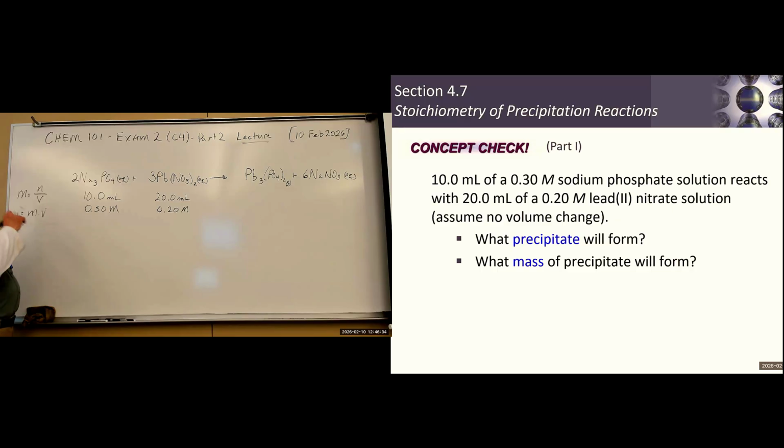Now, the next trick I want to give you is when you multiply milliliters times molarity, you get millimoles. And it's easier to work with that than having to change that to liters and go to moles. We don't need to do that yet. Right. So if we do that, 0.3 times 10 is, with two significant figures, right?